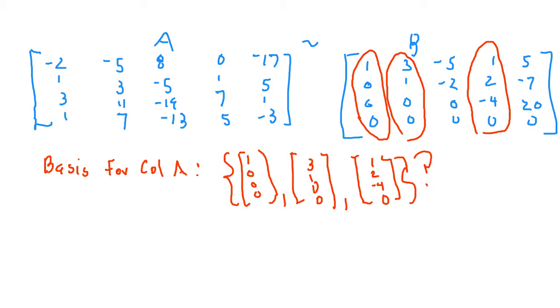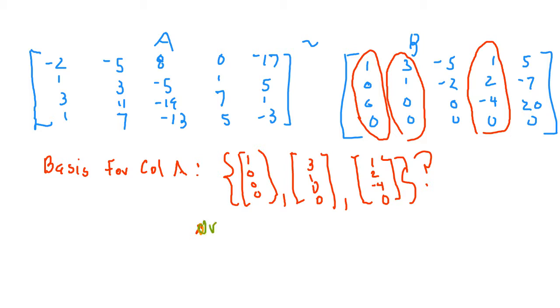Is this correct? Is the basis for the column space of A those 3 vectors? Okay, or hold on. Hold that thought.